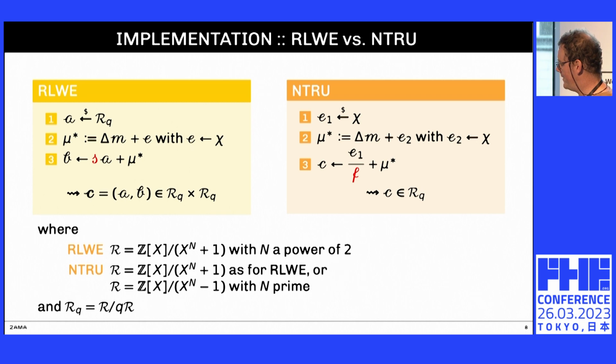In the case of ring LWE, typically we choose for the quotient polynomial x to the n plus 1, a cyclotomic polynomial, with n a power of 2. For NTRU, there are two options. The first one, again, is to choose that cyclotomic polynomial, x to the n plus 1. But you could also choose x to the n minus 1 with n prime. So you have two options in this case.